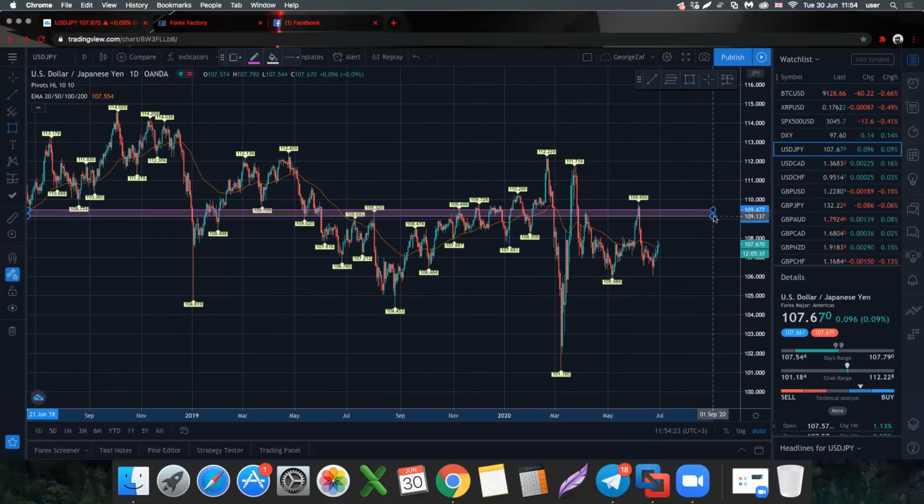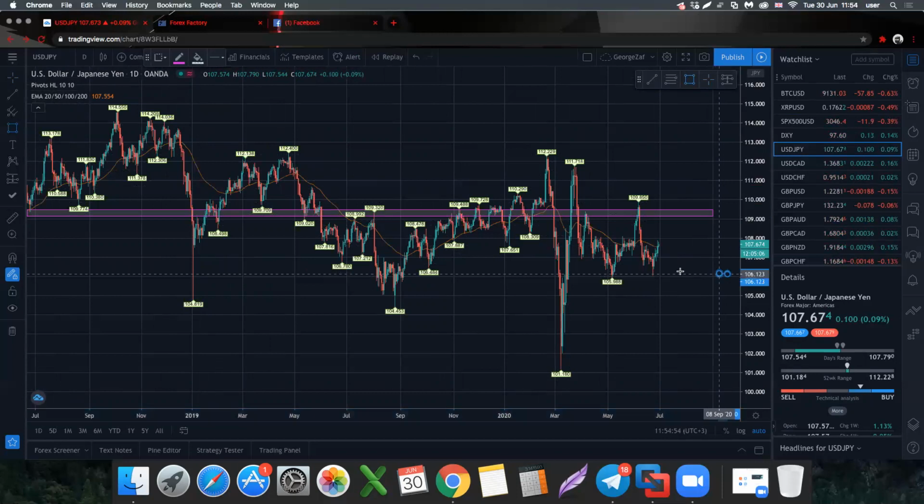Look at this level: resistance, resistance, resistance, support became resistance, support, support became resistance, and so on. So it's a strong one. If we want to go higher, we will find another one here, but we are far away, so we don't need to draw this right now.